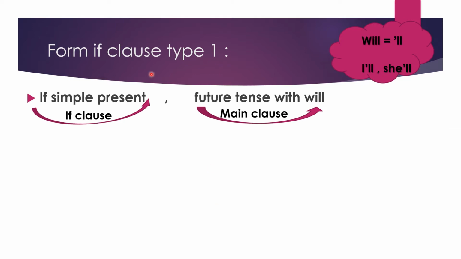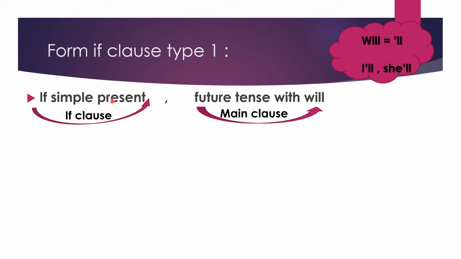So the form of if clause type 1. If you remember zero conditional, we said that we have two clauses or two statements. بالجملة الشرطية في عنا ال if clause اللي هي الجملة الشرطية، وعنا المين clause اللي هي نتيجة الشرط أو جواب الشرط اللي هي result النتيجة. So بالزيرو conditional كنا نستخدم بالتو clauses simple present, but in type 1 or the first conditional we have to put something that indicates future tense.